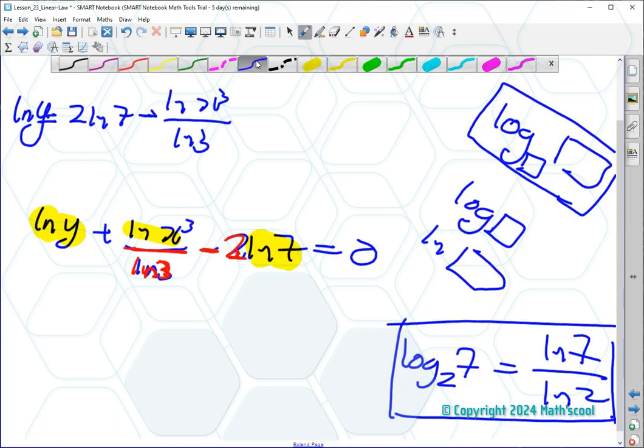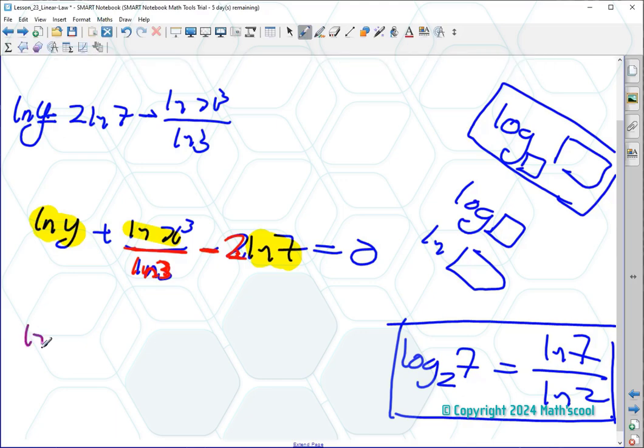We'll call it 1.1 as if it is actually 1.1. It's not really, but 1.1. Ln y plus 1 over 1.1 ln x cubed minus 2 ln 7 equals 0. Does that help at all? I just changed the ln 3 into a 1.1.